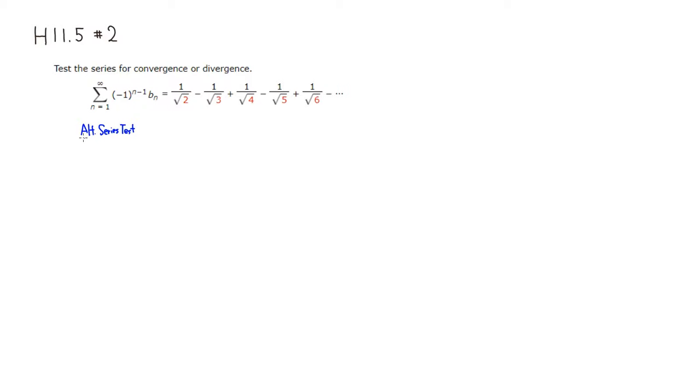The first thing we need to check is that the Bn is a decreasing sequence. So we need to identify Bn. This is going to be the summation, n goes from 1 to infinity, of (-1) to the n minus 1.